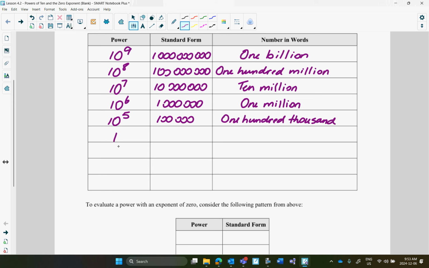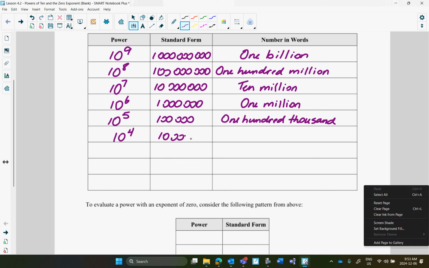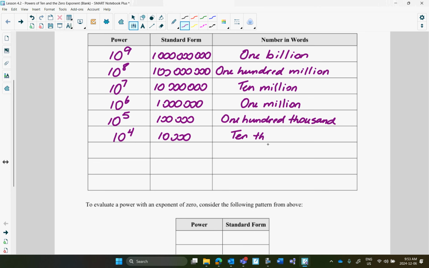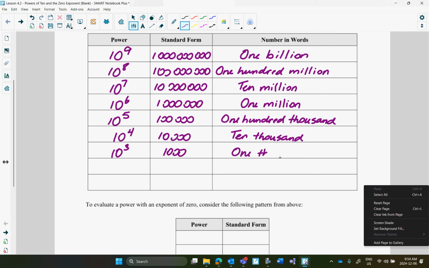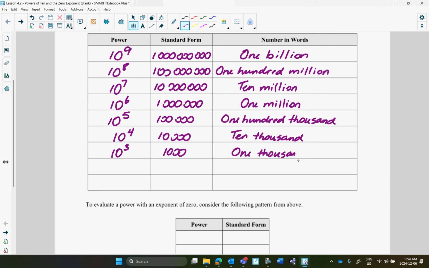And 10 to the 4th, we did. So it's 4 zeros for 10,000. And 10 to the 3rd, we did 1 and 3 zeros, 1,000. And 10 to the 2nd, or 10 squared, 100.